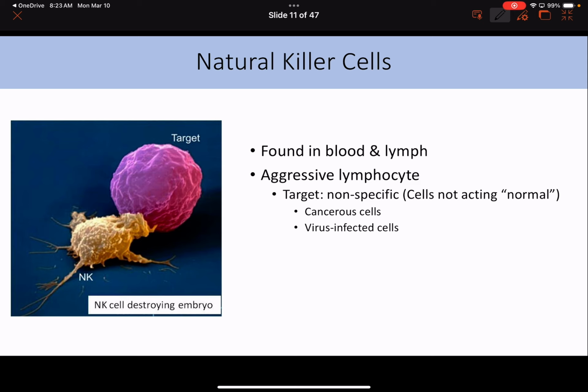And so this includes cancer cells, which are growing at an abnormal rate, and then virus-infected cells. So any cell that's not acting like it should, a natural killer cell may fight against it. They are non-phagocytic. How they work is they induce apoptosis. So they attach to their target and they release chemicals that cause the cell to implode.